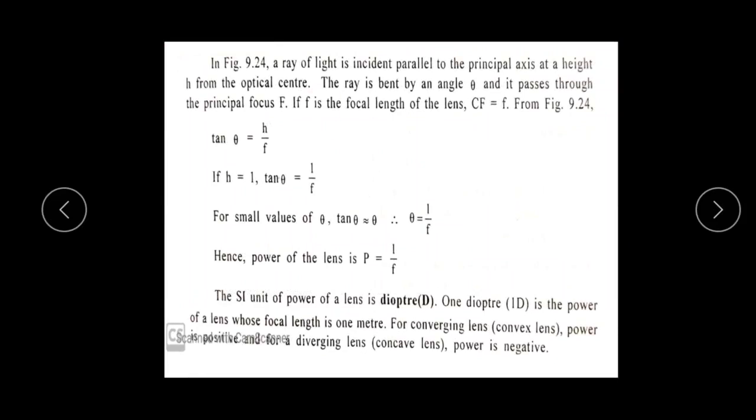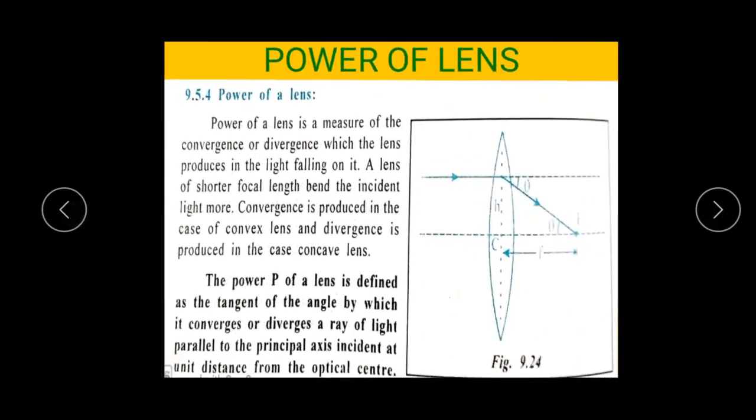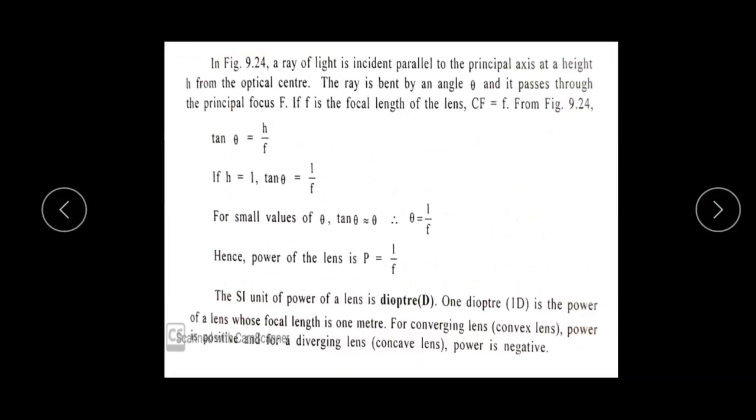Here the ray of light is bent by an angle theta when it passes through the principal focus. Let f be the focal length of the lens, represented as CF in the figure.